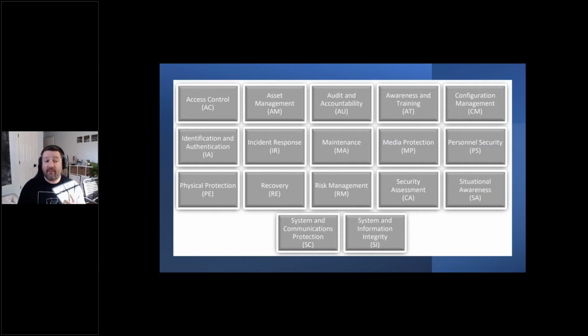You also have physical protection, personnel security. You have awareness and training, systems and information integrity, etc. Now, inside of these 17 domains live 171 practices that an organization will have to demonstrate that they are not only documenting, but doing in such a way as to be sufficient.